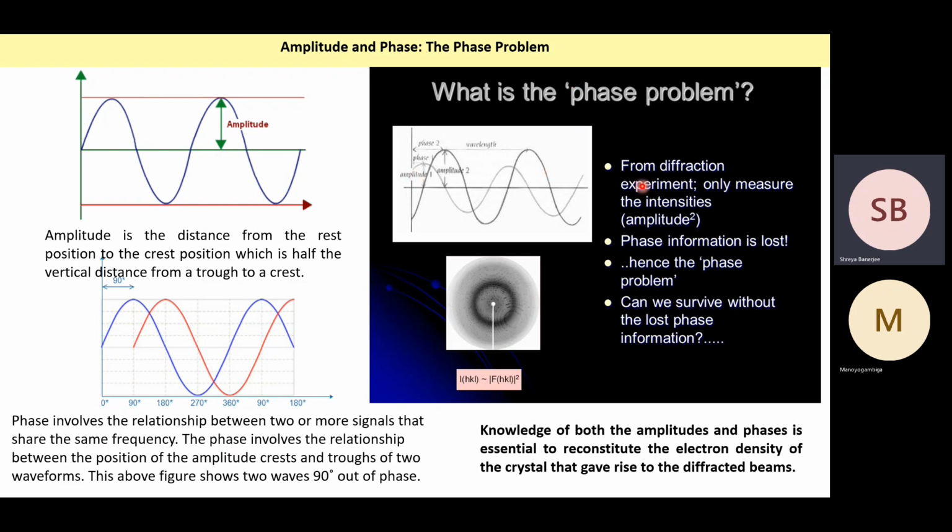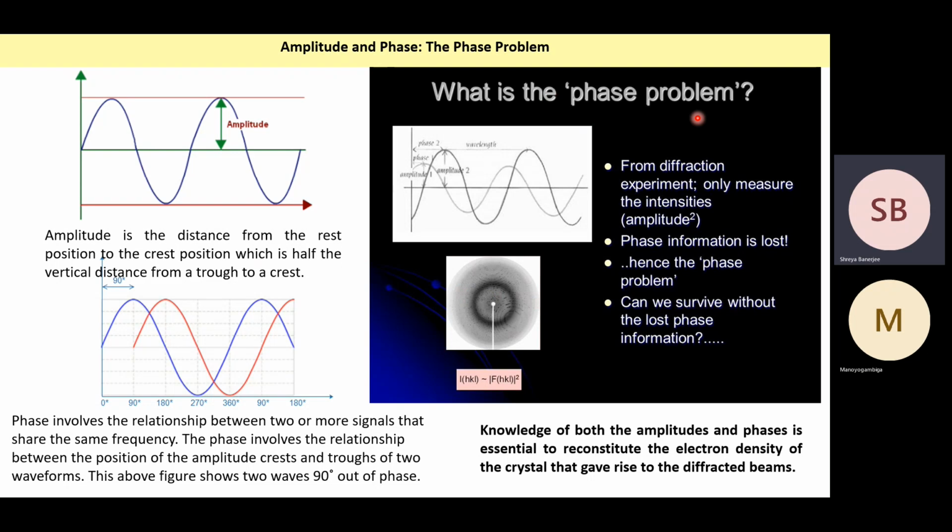So what is the phase problem? From diffraction experiments, you can get a pattern like this, which is basically the intensities. And from intensity, you can get amplitude because intensity is amplitude squared. But all the information about the phase is lost. That is a problem because if you don't know the phase, you cannot perfectly reconstruct the atomic positions.